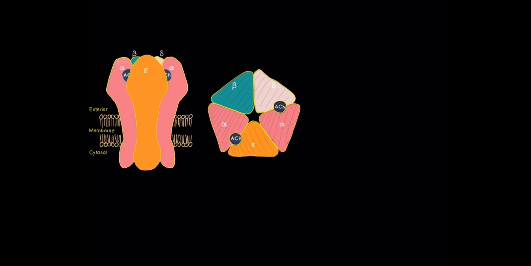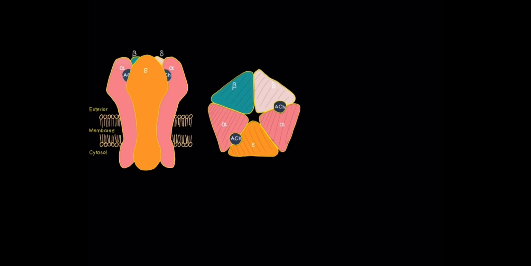There are 5 of these protein subunits. You can see that there are 2 of the alpha subunits. There is a beta subunit in blue here, a delta in the gray, and an epsilon in the orange. So there's 5 of these subunits, and they come together to form this.